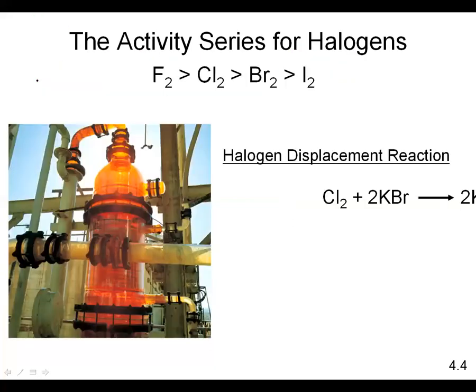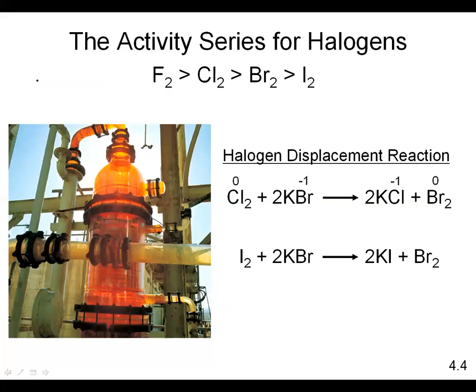Now, our halogens, if you remember from that experiment that we've been talking about, we actually figured out the activity series of the halogens. And if you remember from that experiment in group 7, reactivity increases as you go up group 7.